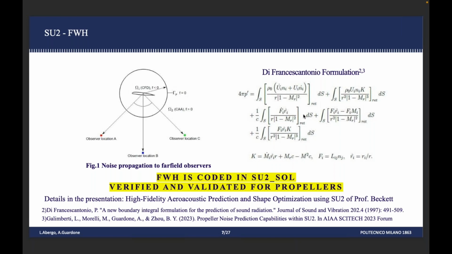In detail, we implemented this formulation, which can also use permeable surfaces. The details will be shown by Professor Beckett this afternoon in a presentation, and the code has been validated and verified thanks to experiments conducted in the wind tunnel of Bristol University, specifically for propellers.